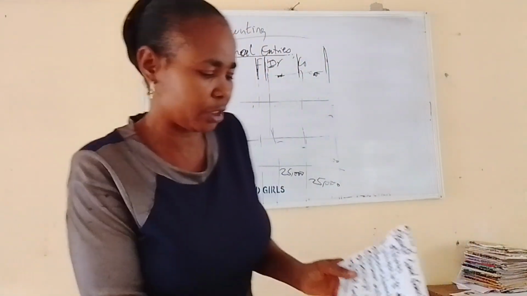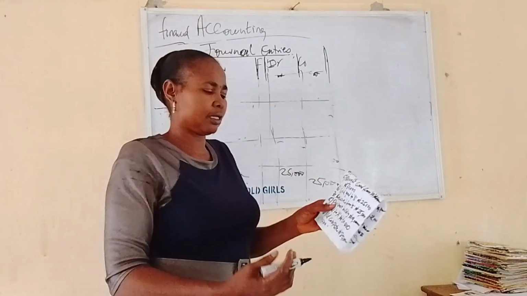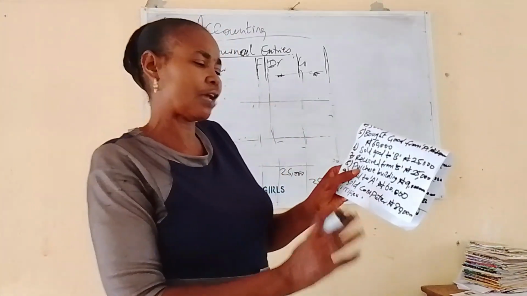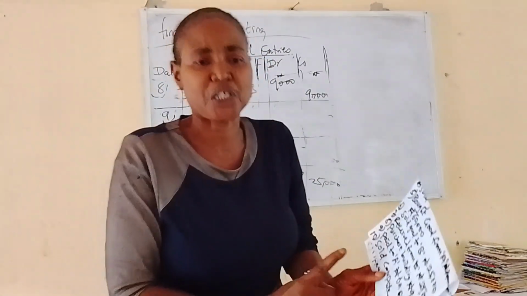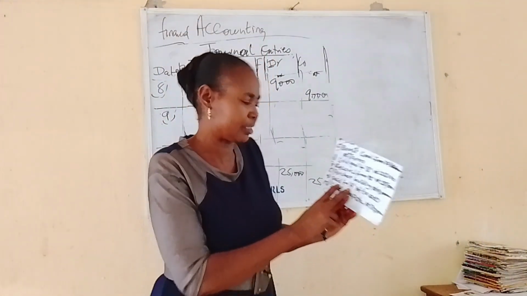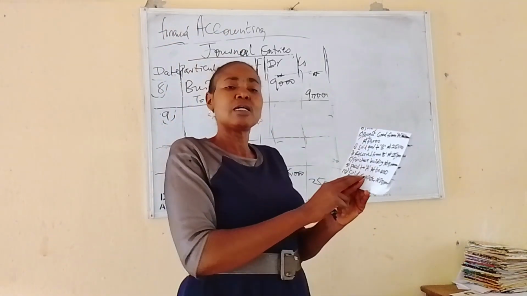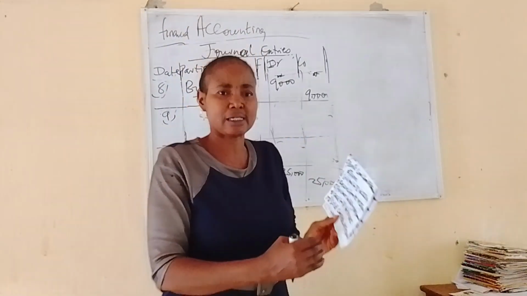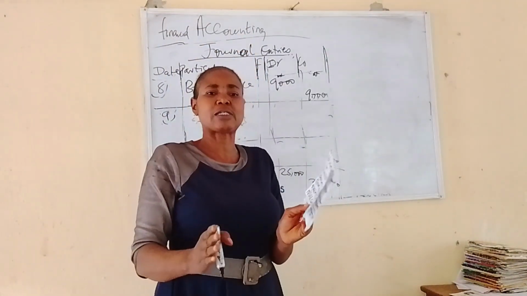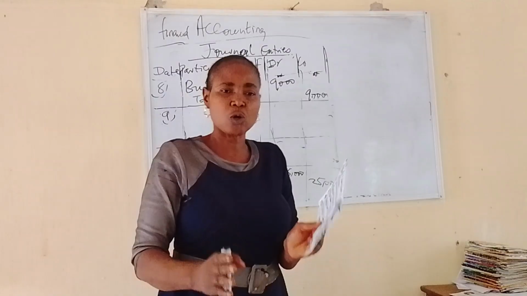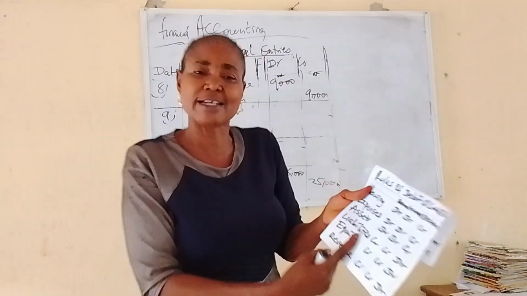Number 9, paid for building. The two accounts that are involved, account payable and cash, are involved in this number 9. Account payable and what? Cash. And the owner of the business paid his debt of 60,000. So having paid, liability has what? Decreased.